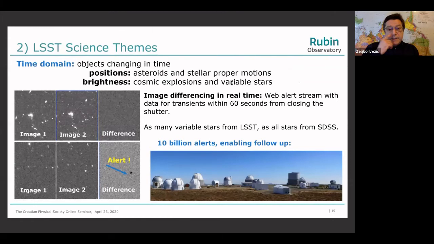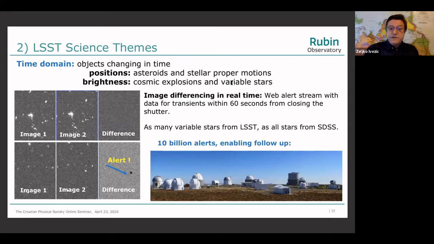So let me now move on from cosmology to time domain studies. As we say in Croatian, Preradović said, in this world only change is constant, or something like that. So we know that everything is changing in the universe. And we already know from brighter surveys that objects in the universe can change position.